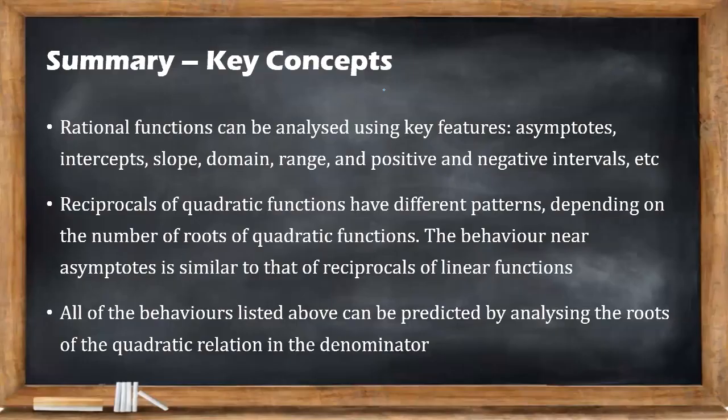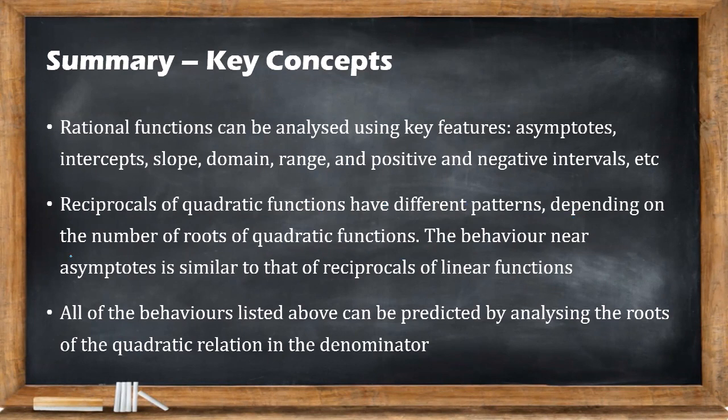No? Okay, let's make a summary here. So today, we have learned the following key concepts. First of all, rational functions can be analyzed using key features, which includes asymptotes, intercepts, slope, domain, range, and positive and negative intervals, etc. Next, reciprocals of quadratic functions have different patterns depending on the number of roots of the quadratic functions.